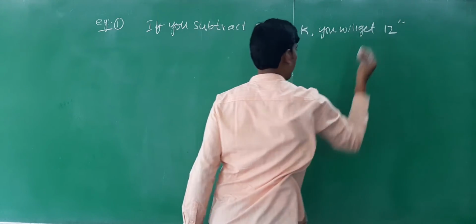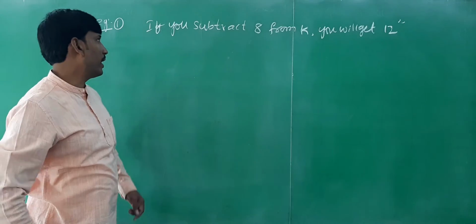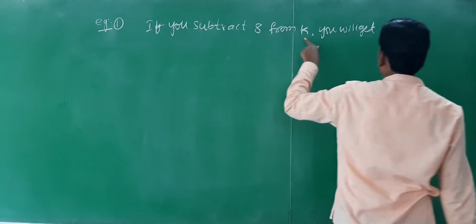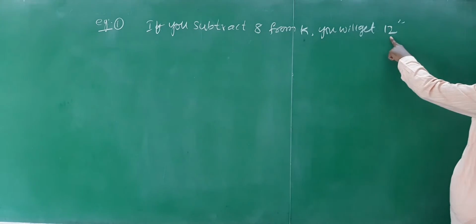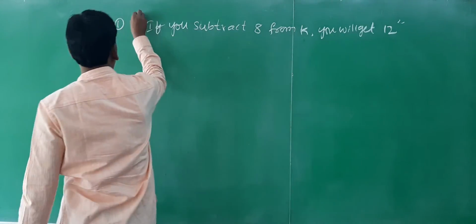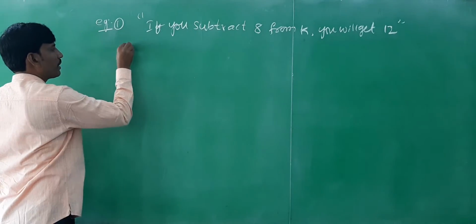This is one statement. If you subtract 8 from k, the result you will get is 12. So how will it be? Write the expression in equation form.